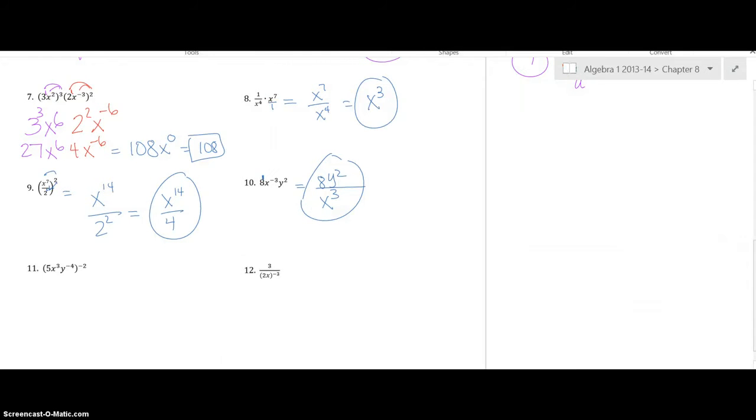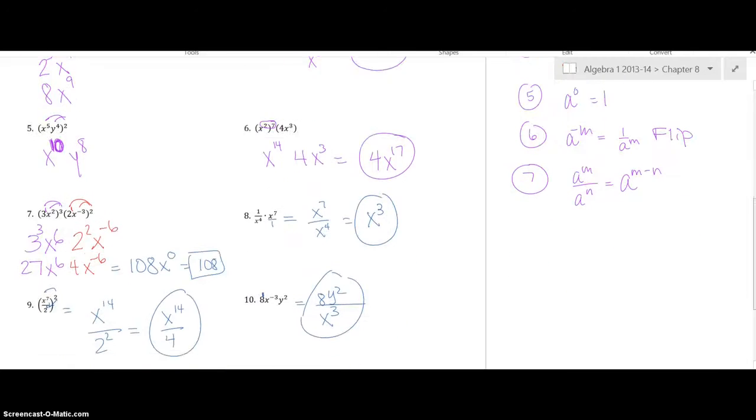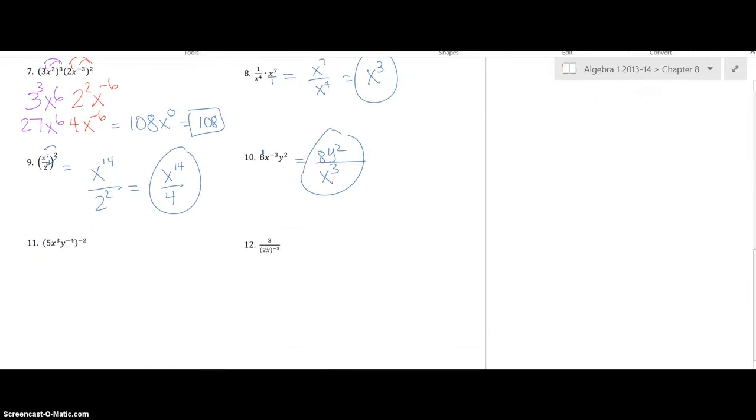Number 11, what I would recommend is using rule number 3 first and raising everything in the parentheses to the negative second. So we have 5 to the negative 2, x to the negative 6 because you multiply the exponents, and y to the positive 8 because a negative times a negative is a positive.